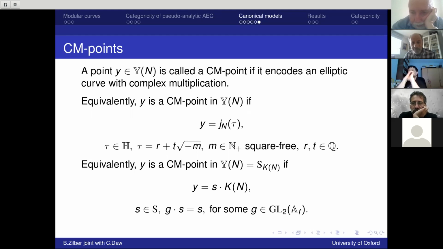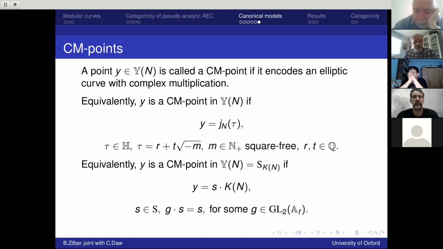By the way, they don't generate the field, because it is only the upper half plane that you have here. And in fact there is a very delicate relation between these quadratic points, without which you cannot have a correct theory.